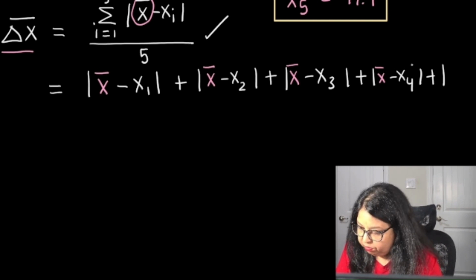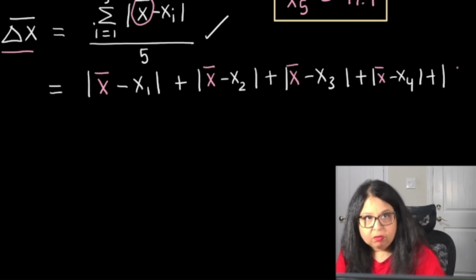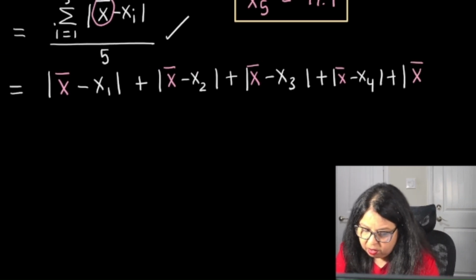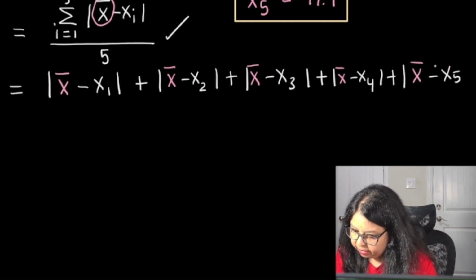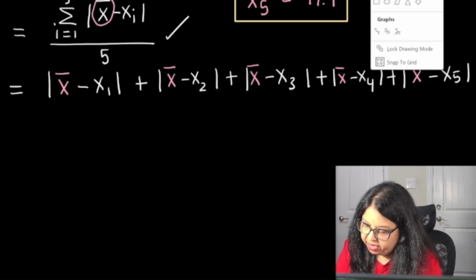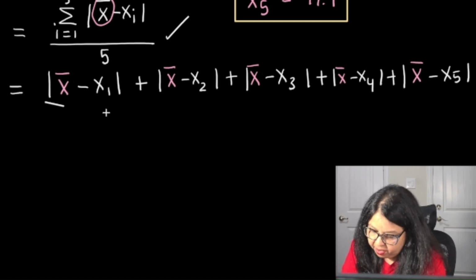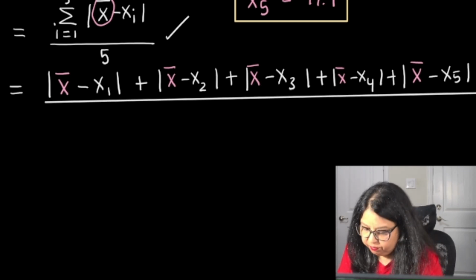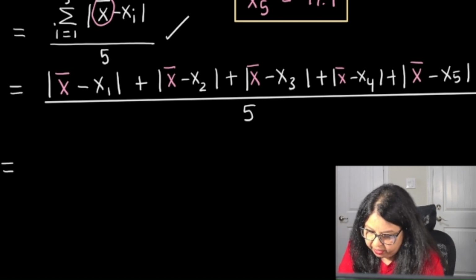I'm going to try to write this a bit smaller so I can fit it all here. Plus x bar minus x5, all divided by 5.